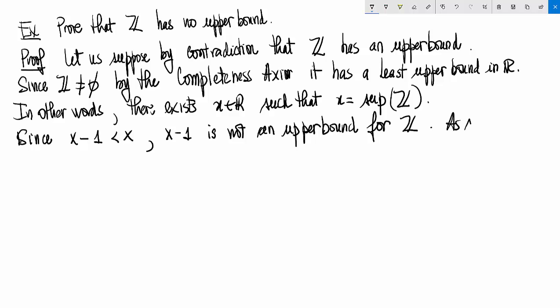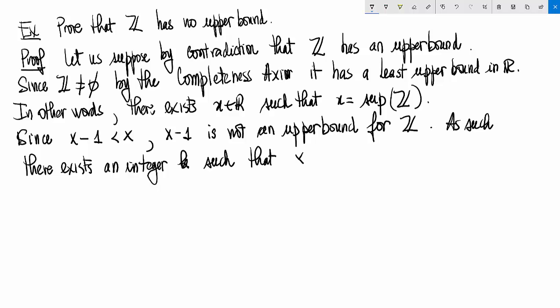As such, there exists an integer k such that x minus 1 is less than k.